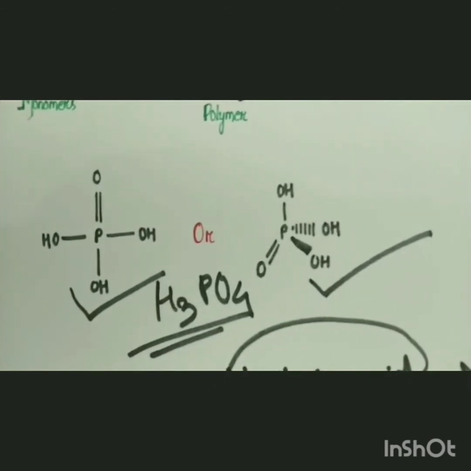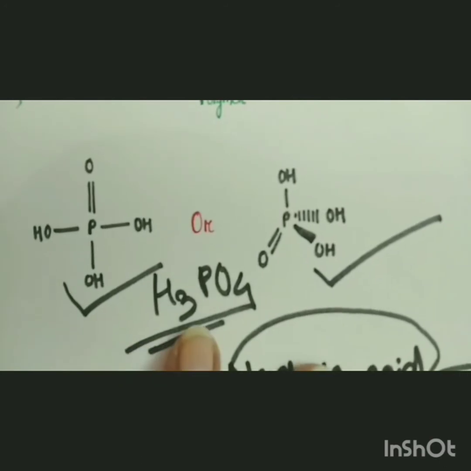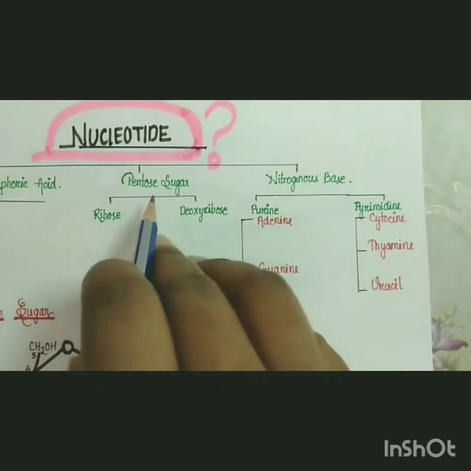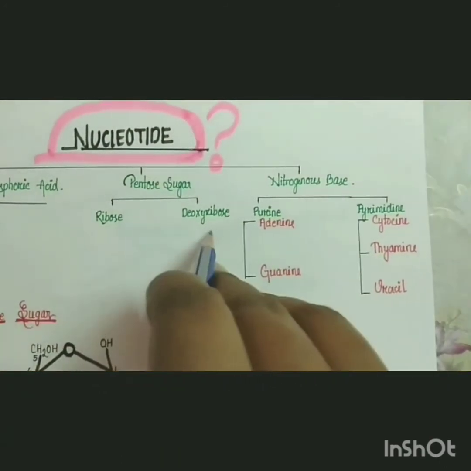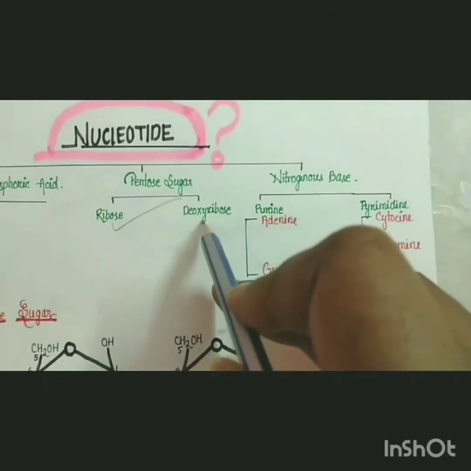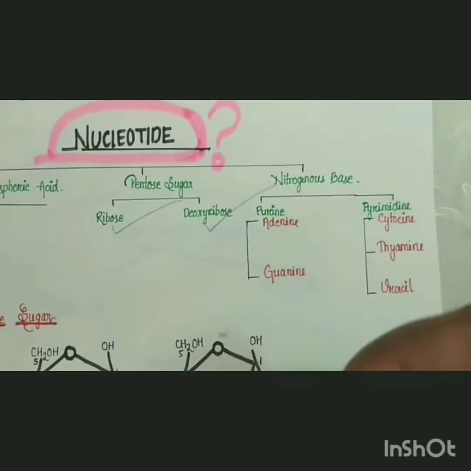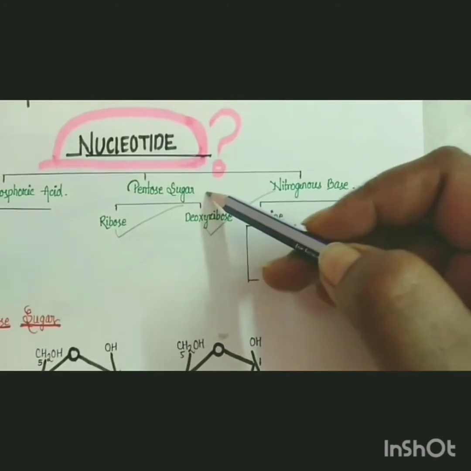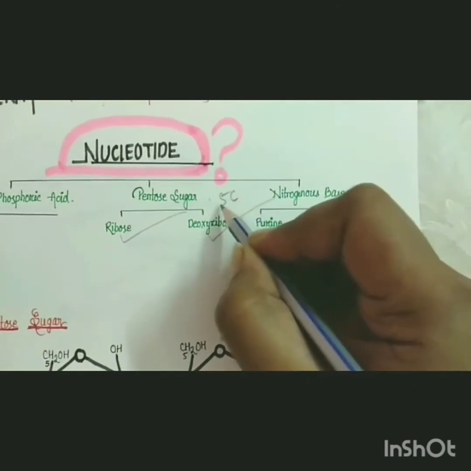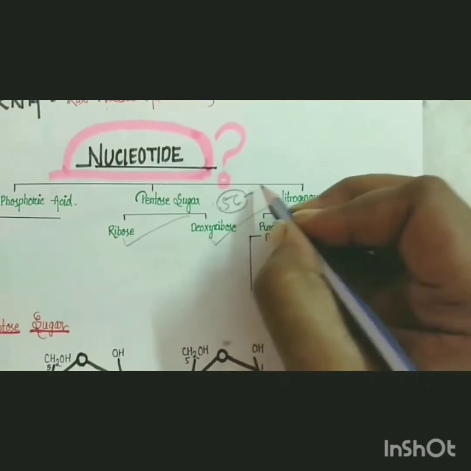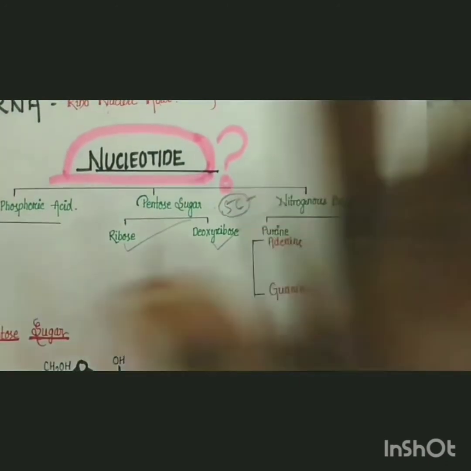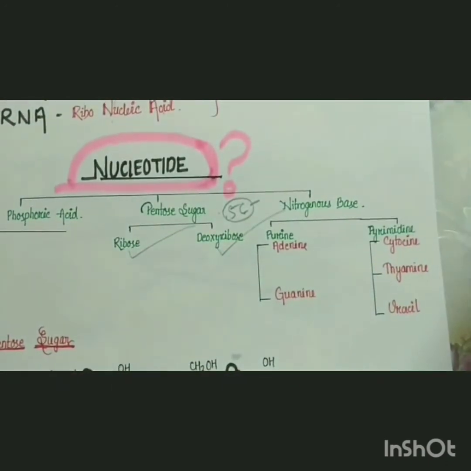Pentose sugar is again divided into two parts: one is ribose and another is deoxyribose. Pentose sugar, as the name says, is a 5-carbon sugar. Pent means 5. Pentose sugar is a 5-carbon sugar, and the structures of both the sugars are almost similar.